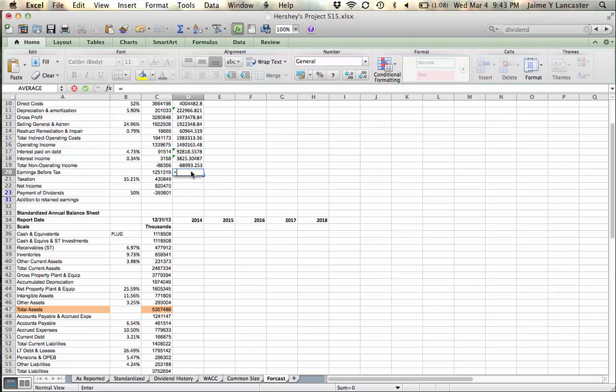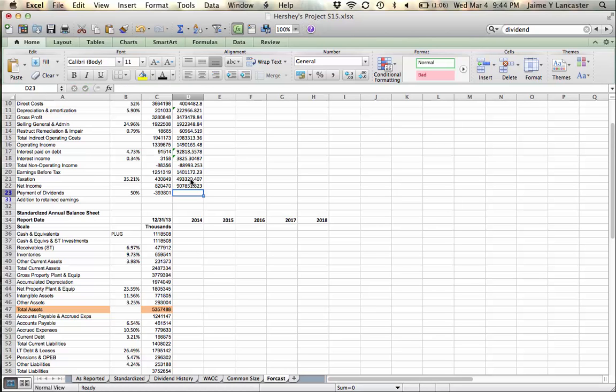So our earnings before tax then is going to be based on our operating income minus our total non-operating income, but if that number is entered negative, you add the negative. And our taxation, 35.21% of our earnings before tax, gives us a net income of earnings before tax less income tax expense.